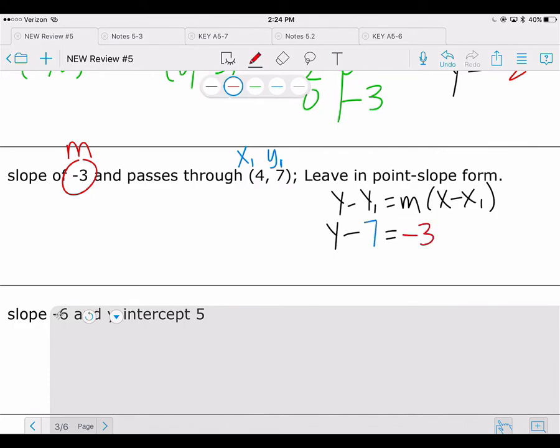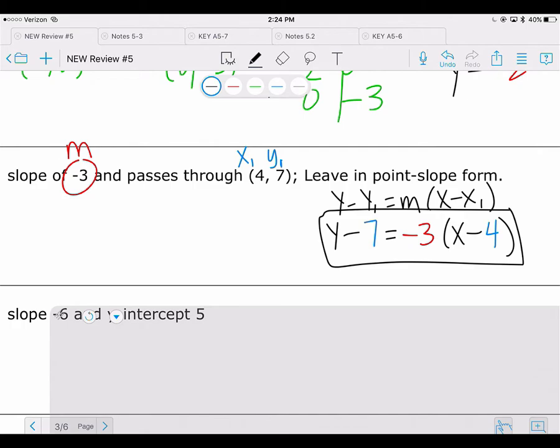M is -3, x minus x1 is 4. And again, this asked me to leave it in point-slope form, so that's all I need to do. So remember, with point-slope form, you plug in your point and your m value. Your point plugs in as the opposite, so 4, 7 turned into -4 and -7.